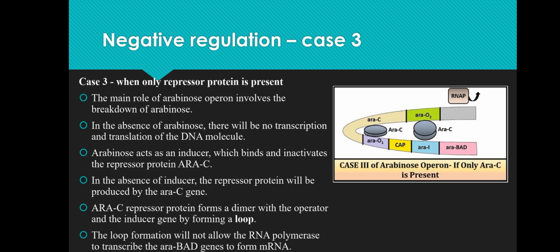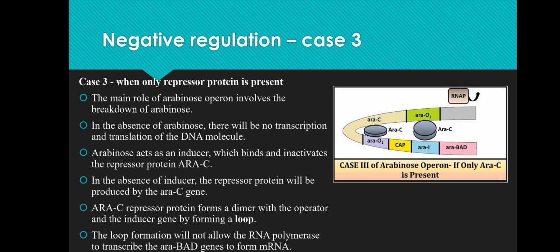This is the third case. It is also called negative regulation. Here, the main role of Arabinose operon involves the breakdown of Arabinose, where Arabinose is absent. There is no transcription taking place, and not even a translation of a DNA molecule takes place. But when Arabinose acts as an inducer, it binds and inactivates the repressor RAC.